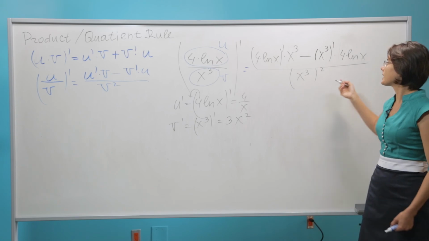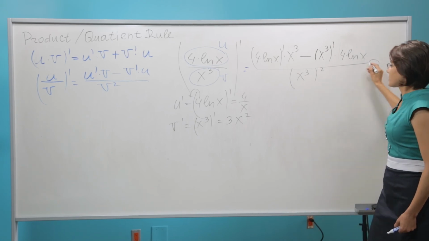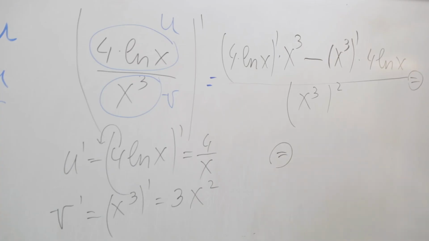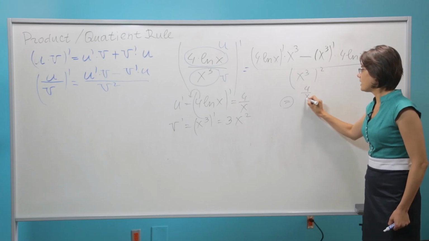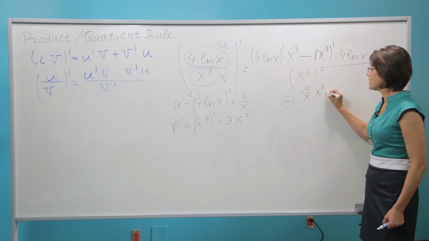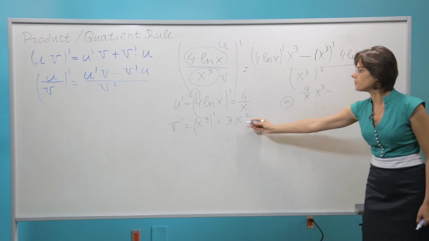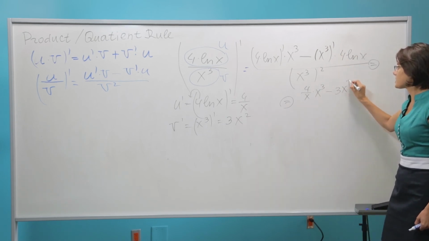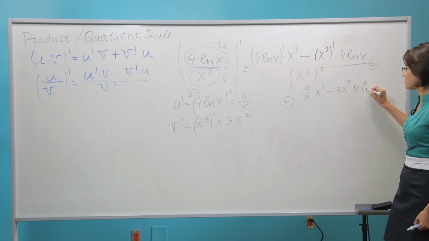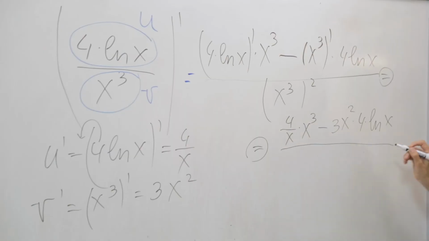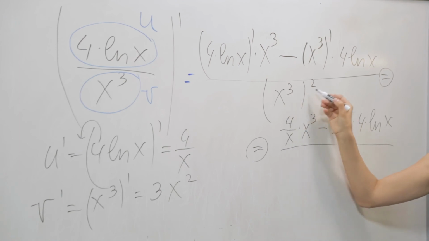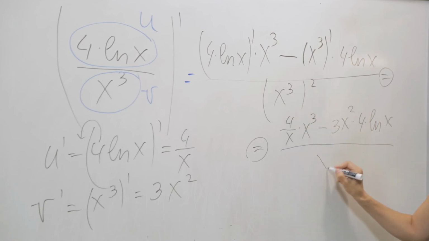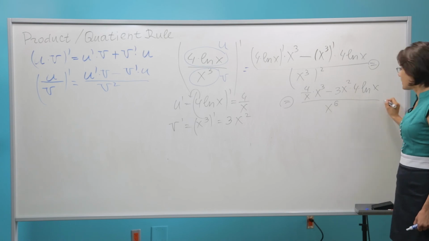Now we are ready to plug it into our formula. So it will be equal to the derivative of logarithm, 4 divided by x, times x cubed, minus the derivative of v, 3x squared, times 4 times logarithm of x, everything divided by x cubed to the power of 2. I just multiply the powers over, so I have x to the power of 6. And this is our result.